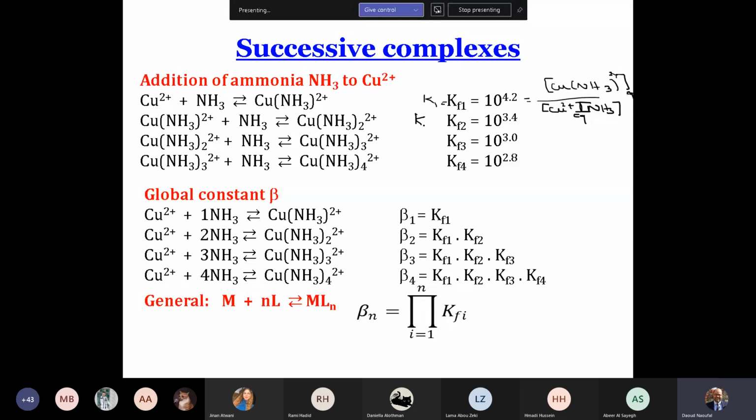K2 equals Kf2, and Kf2 is equal to the concentration of the complex formed, which is Cu(NH3)2 2+, divided by the complex 1, Cu(NH3)2+, times NH3 at equilibrium.